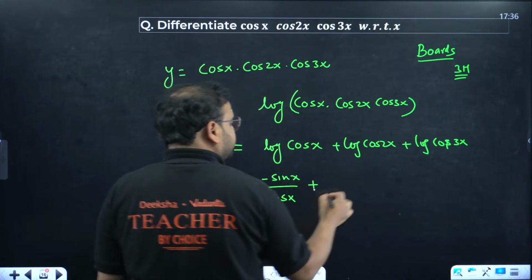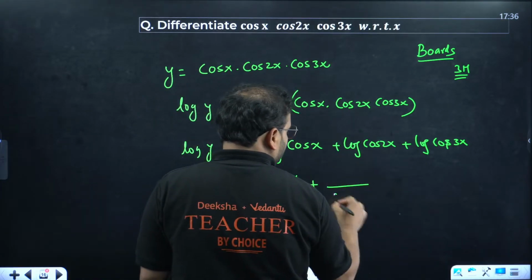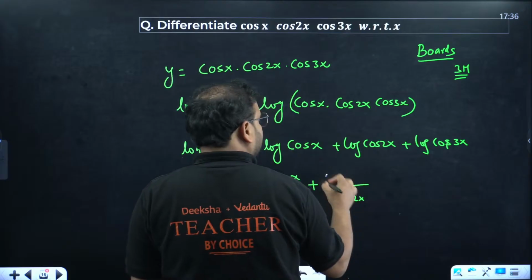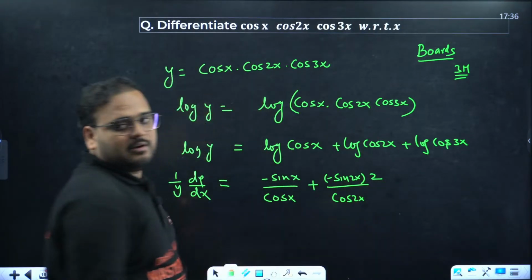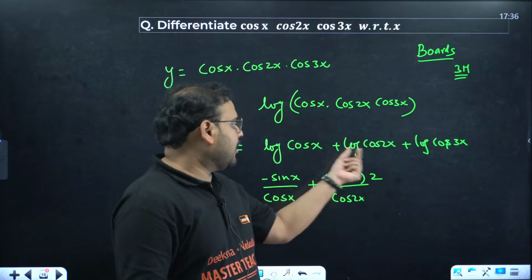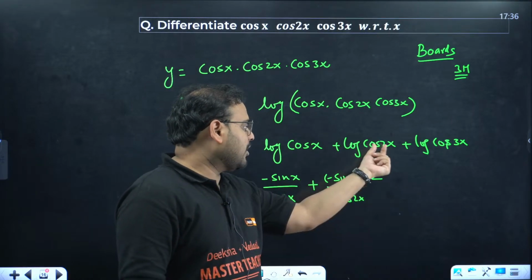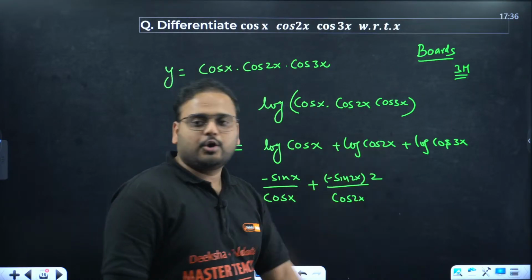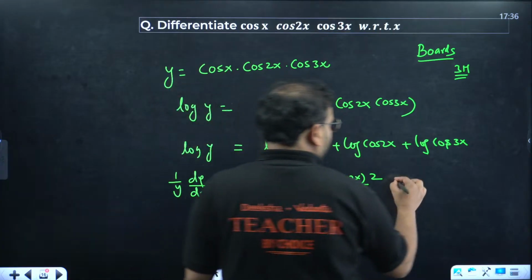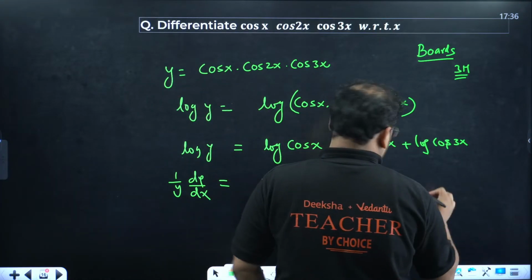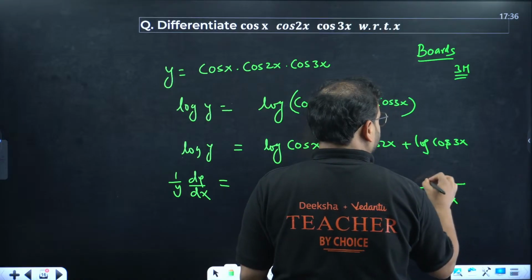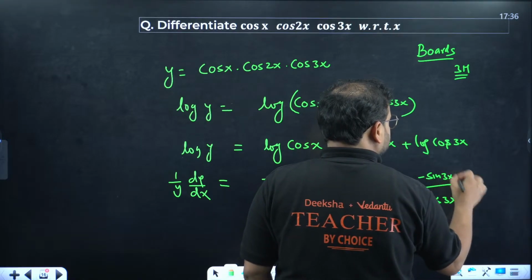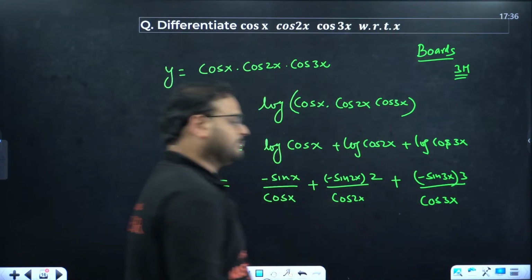Plus, over here you'll have 1 by cos 2x, minus sine 2x times 2. Chain rule will be applied, right? For log, you're going to get 1 by cos, cos will be minus sine, and 2x will give 2. Plus over here you'll have the same result, 1 by cos 3x, minus sine 3x times 3.